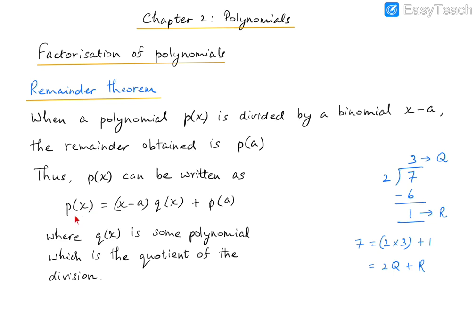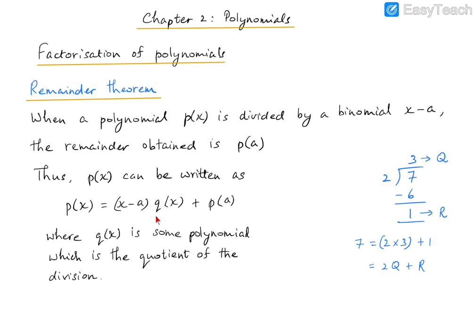That is exactly what is being represented here. If we have a polynomial p of x divided by x minus a, then p of x can be represented as x minus a times the quotient plus the remainder, just as 7 is 2 times the quotient plus the remainder. This is what the remainder theorem tells us: the remainder is given by evaluating the polynomial at x equals a, that is, p of a.